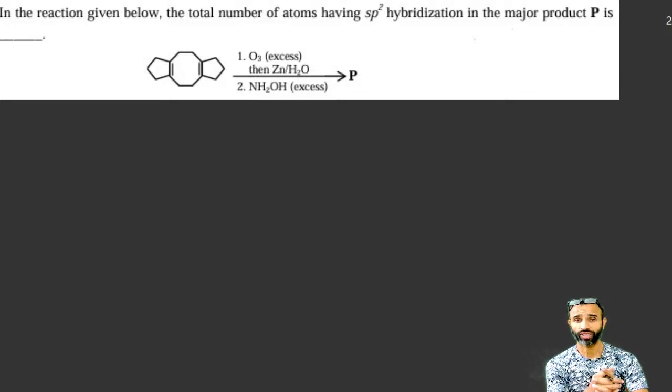In the reaction given below, total number of atoms having sp2 hybridization in the major product. Okay, first is ozone in excess and then zinc, H2O. Already we have done ozonolysis. This ozone will attack at the double bond, so there is a breaking of double bonds.